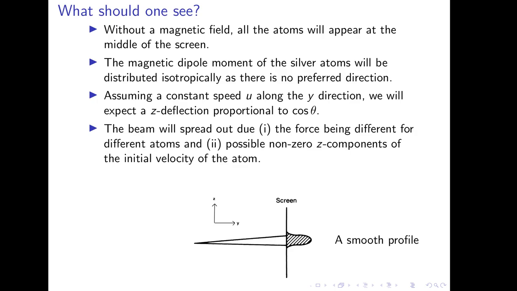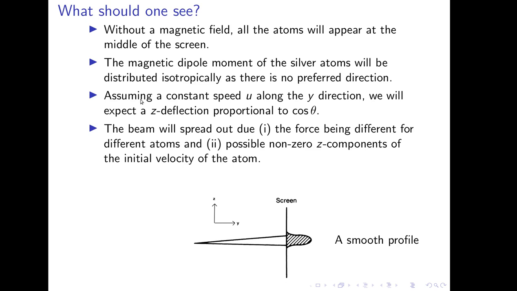So now let's ask, what should one see on the screen? Without a magnetic field, all the atoms will appear in the middle of the screen, with a width depending on the kind of slit they're coming through. The magnetic dipole moment of the silver atoms will be distributed isotropically, as there is no preferred direction.